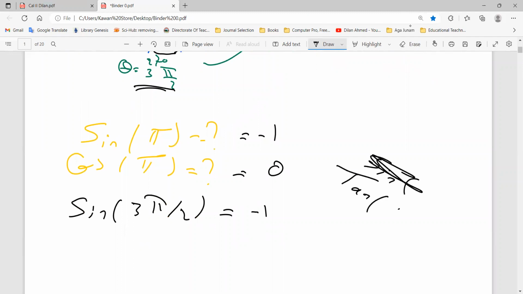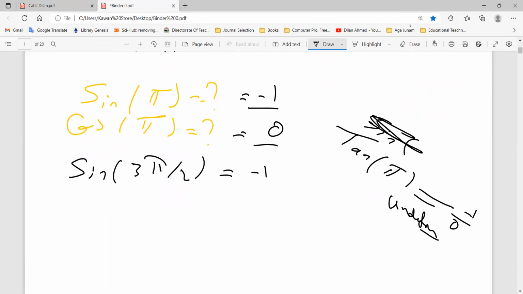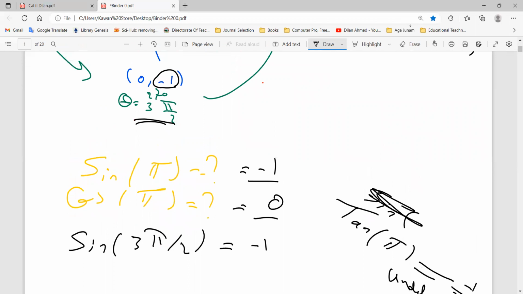How about if I say tan of pi? I know it is equal to sine over cosine, right? So it is equal to what? Undefined. Am I right? Sine over cosine, so it's undefined. Is that right?